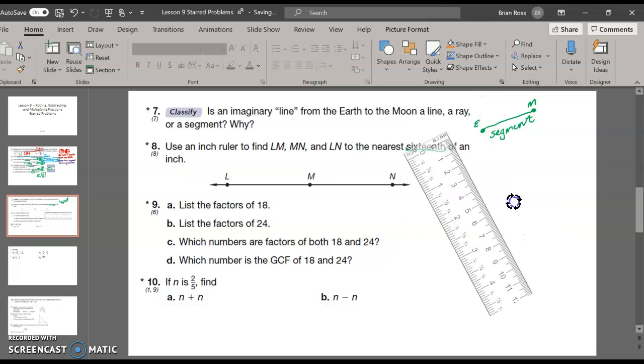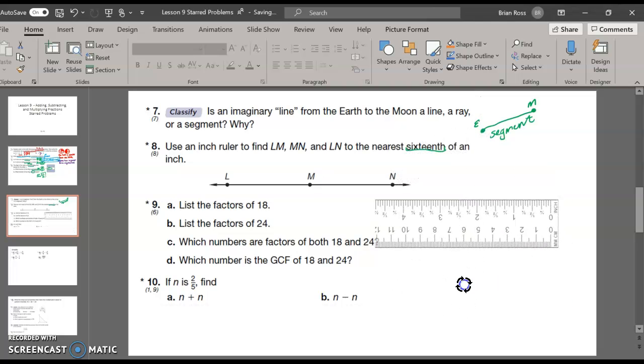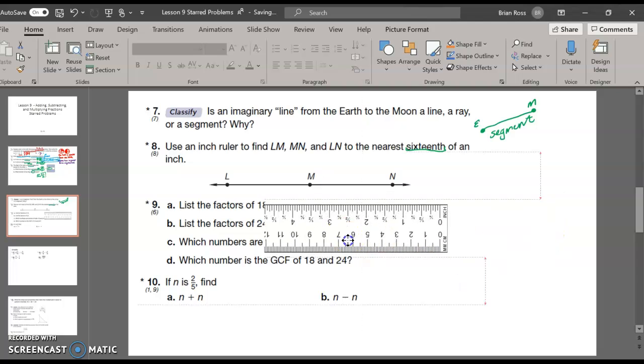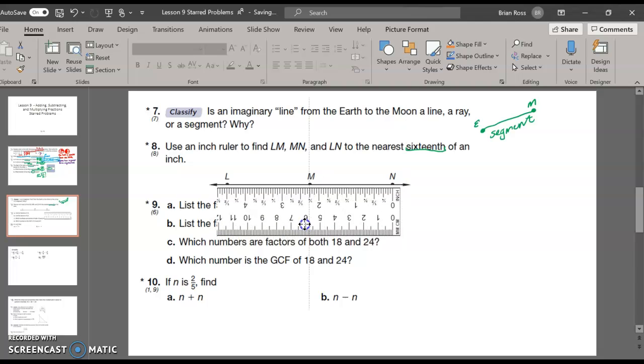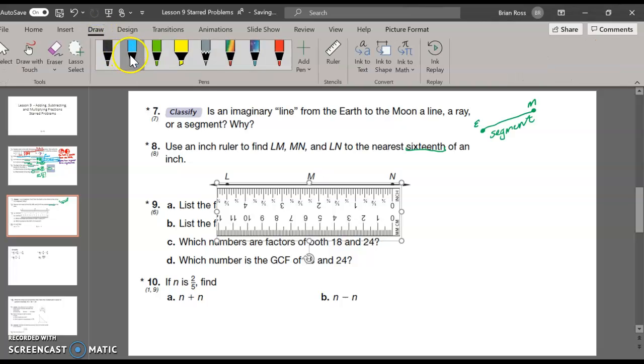I'm also going to go ahead and flip it because the inches are on the bottom for some reason. And we'll put this up to here so we can see what it is. And I don't know if it's going to let me write or not, so let me see if I can get to the draw part.